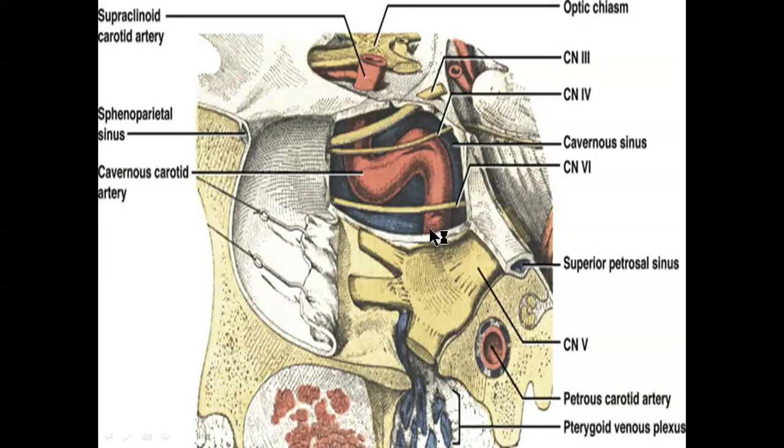Again, here we can see the vertical segment, posterior segment, horizontal segment, vertical segment of the cavernous sinus. So here we can see the cavernous sinus once we have dissected it and are looking laterally.